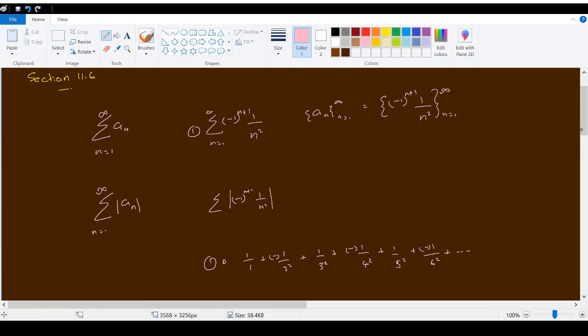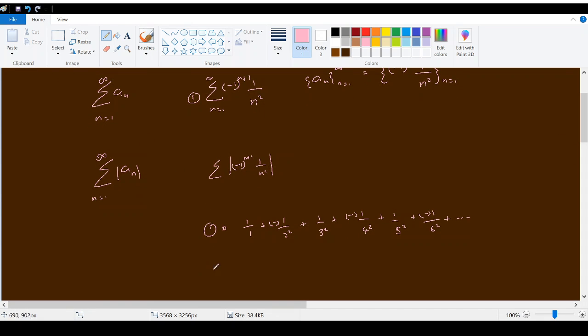When you take the modulus of each and every term, it will be just equal to the positive terms of this series. It's like we are just taking the modulus one by one.